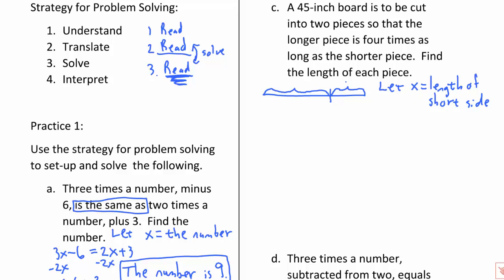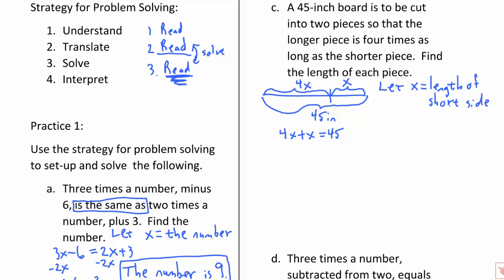Because if I let the side that's shorter be x, the longer side is 4 times that. So that means that the longer side is going to be 4x. And notice that this entire length here is 45 inches. Okay, so notice that if you add these two up, that gives you this total. In other words, 4x plus x equals 45.